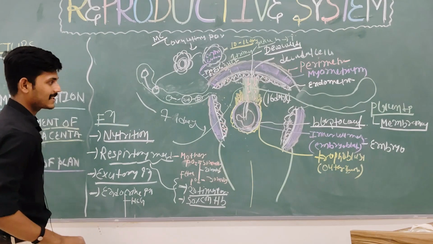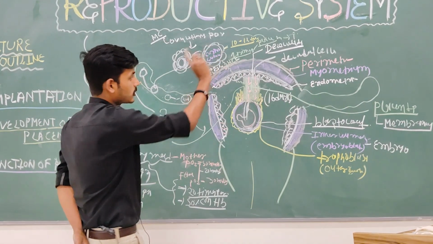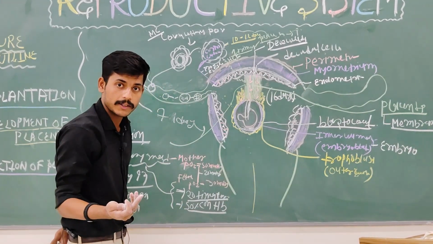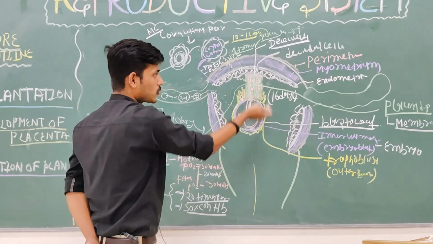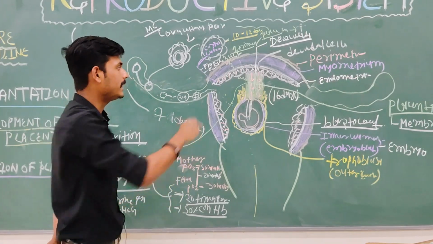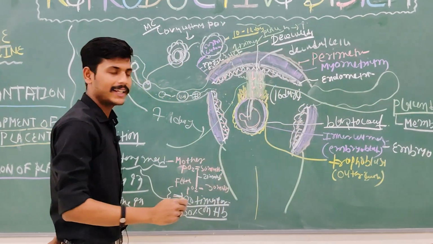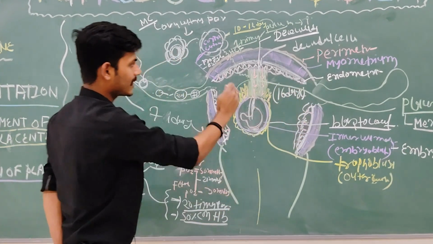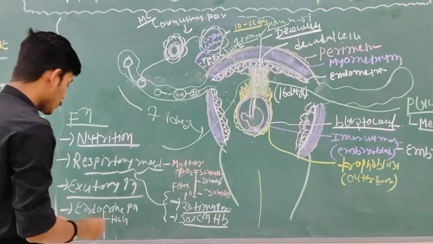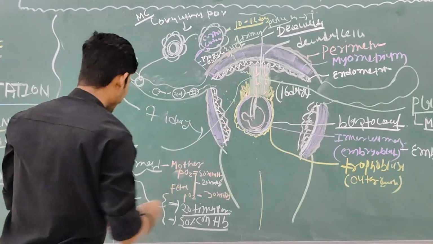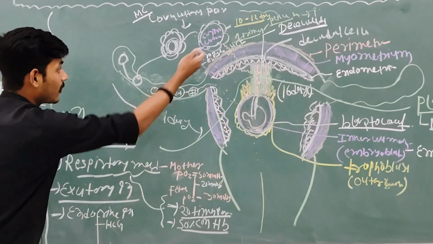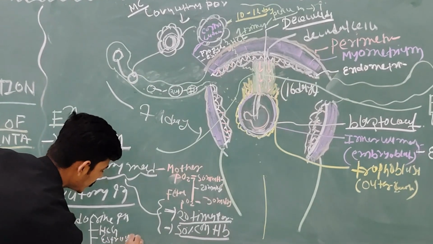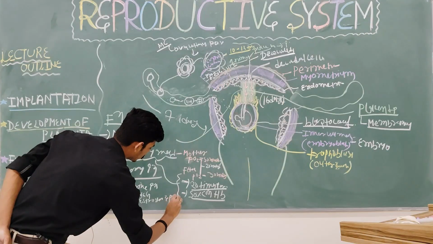Apart from the HCG, see, now the corpus luteum degenerates. Then who will maintain the endometrial lining? It's also the duty of the placenta to maintain the integrity, the structure of the internal part of the uterus, that's the endometrium lining. So for protection of this lining, it secretes two hormones which we are already familiar with, the estrogen and progesterone.